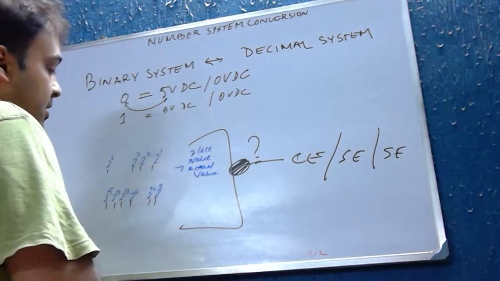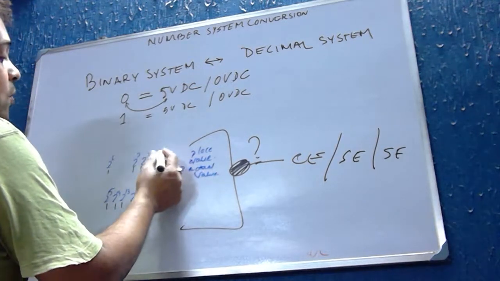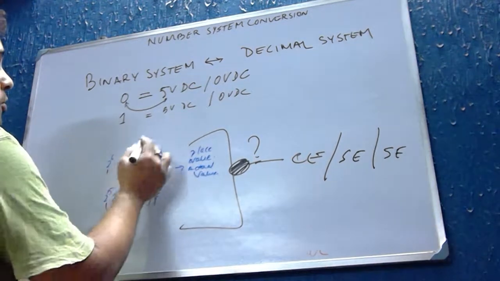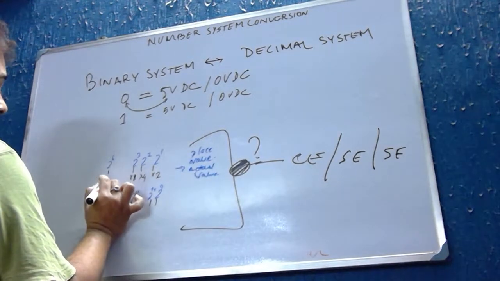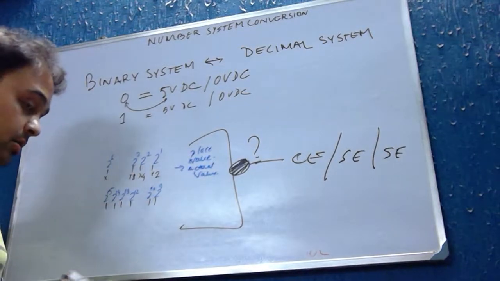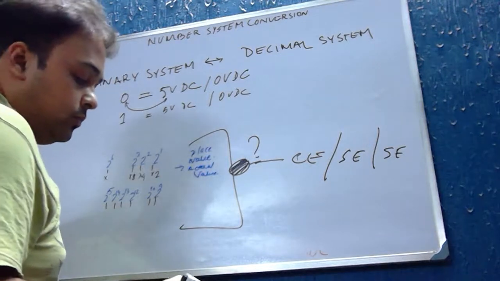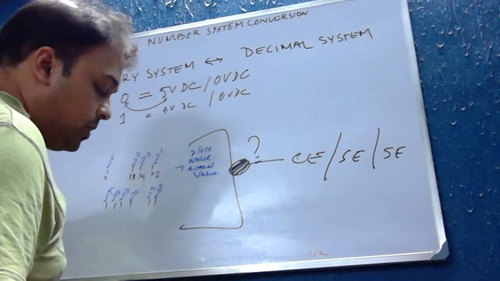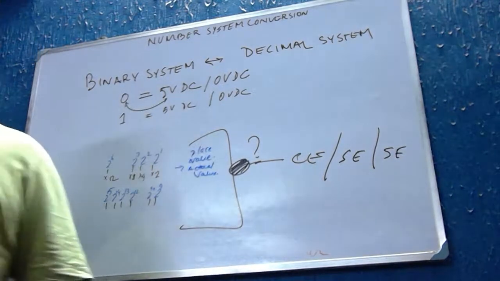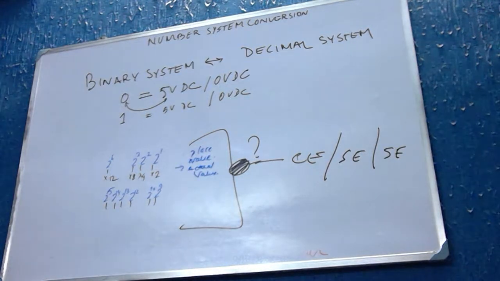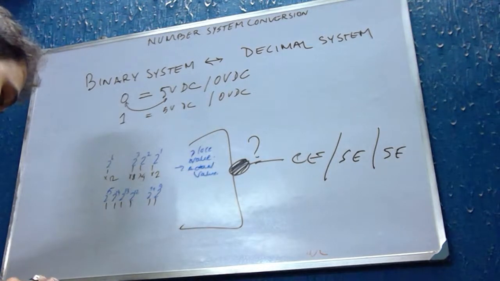Now you just multiply by 2 to the power 1, that is 2, 2 to the power 2, that is 4, 8, 2 to the power 6 is 12. I hope it is 12. I'm not doing it wrong. Let me use the calculator. No, let's not take chances.